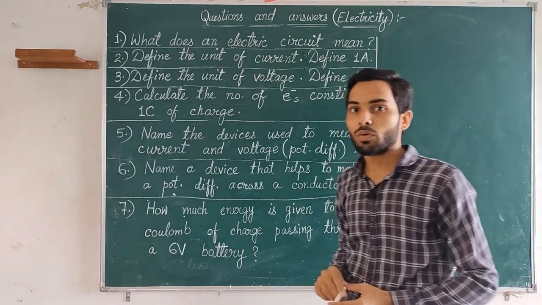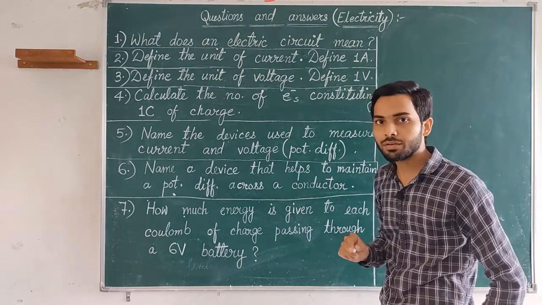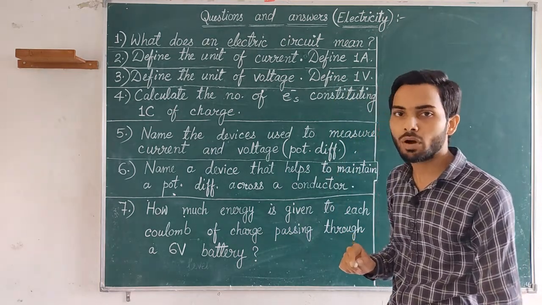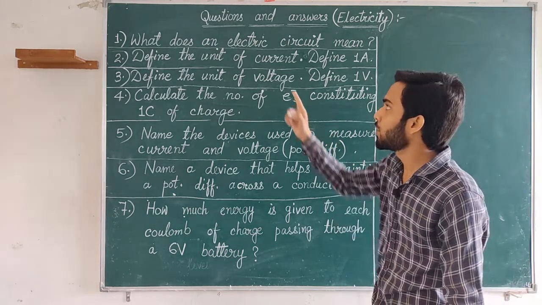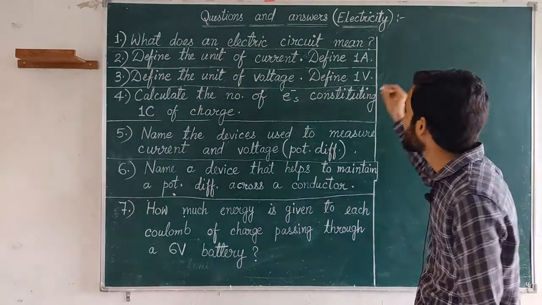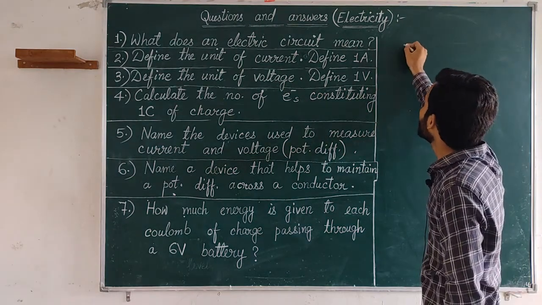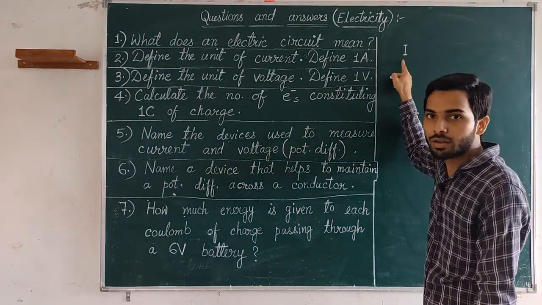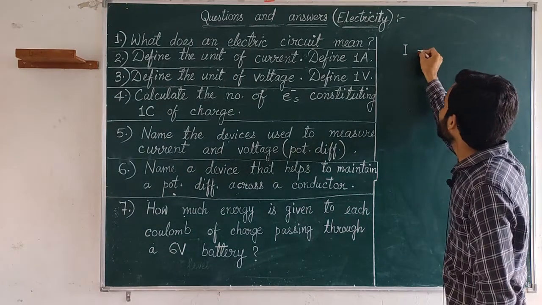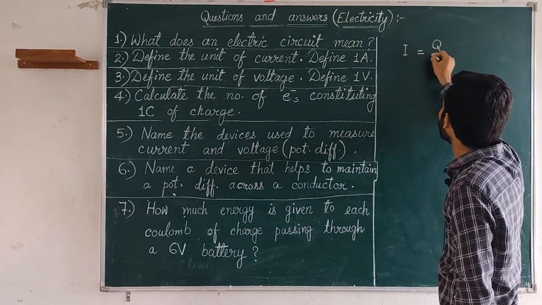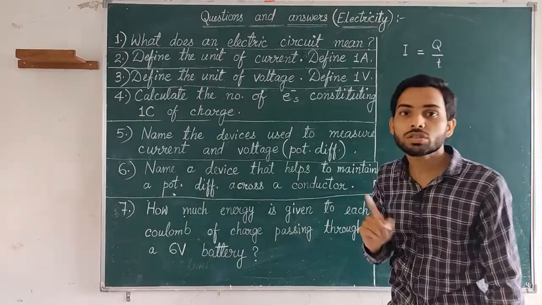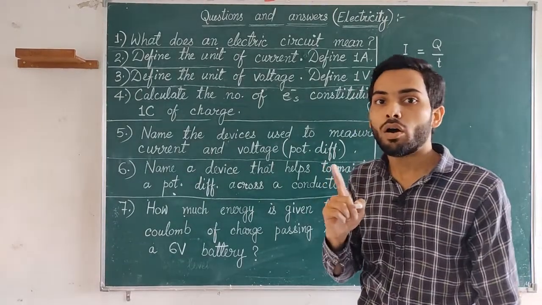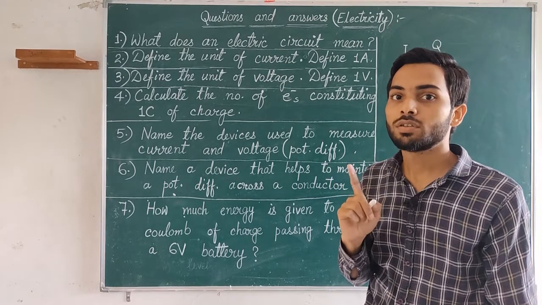Now, how can we recall it? If you are unable to recall it, then recall the formula. What is the formula of electric current? The formula of electric current, I means electric current, is equal to Q by T. Q by T. This is the first formula of your physics chapter electricity.